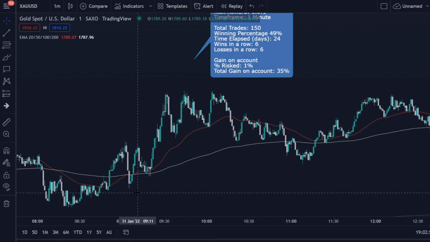In this case you can use a 1-to-1, and when you've reached that level, you move your stop loss to break even. That means that when the price goes against you, then you do not lose the trade, but you end up at break even. So that is also something that you might consider to do.